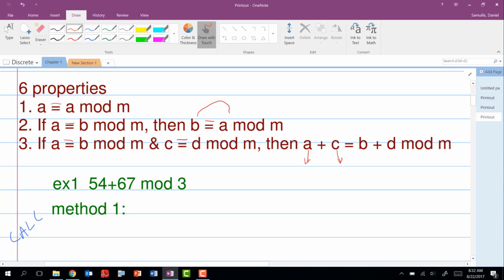Let's replace A with B mod M. And then let's replace C, which my arrow now is invalid because I wrote too large there, C mod M. I'm sorry, D mod M. And that equals B plus D mod M.